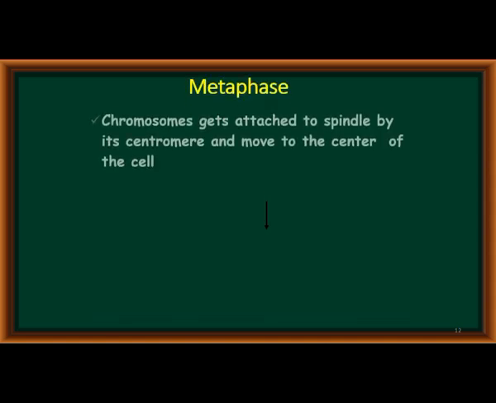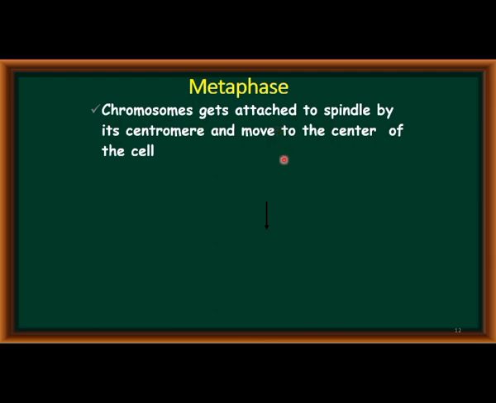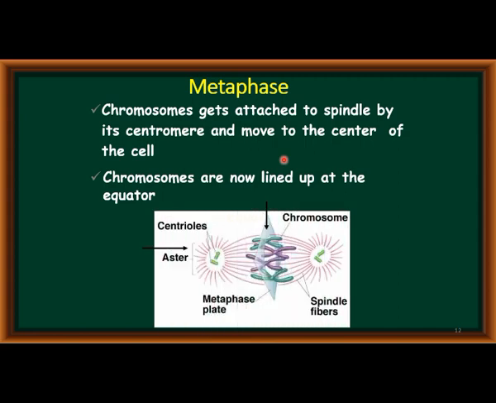After prophase, metaphase occurs. During metaphase, the chromosomes get attached to the spindle by the centromere and move to the center of the cell. Now, the chromosomes are lined up at the equator. This is the equator of the cell and this is the pole of the cell.